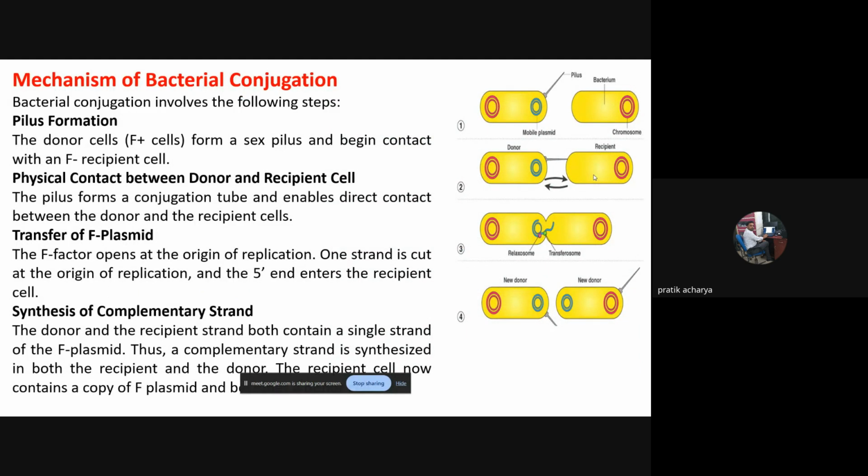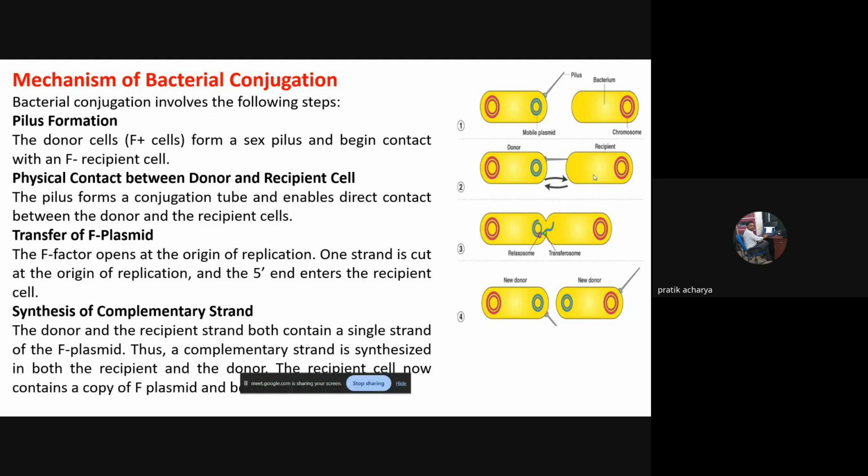Then the second process, the conjugation process, bacterial conjugation. Just look at this picture. First thing, bacterial conjugation involves the following steps.